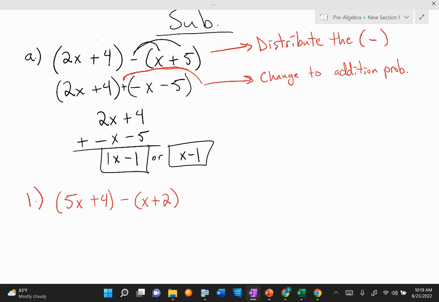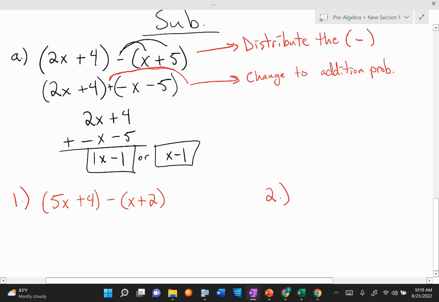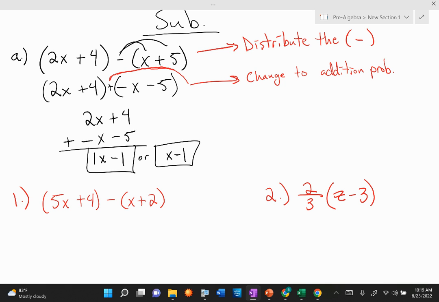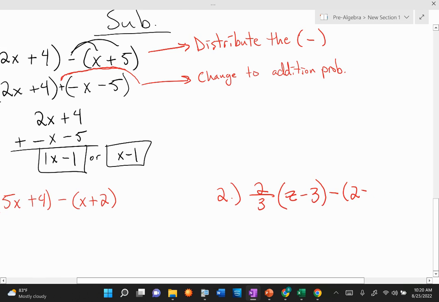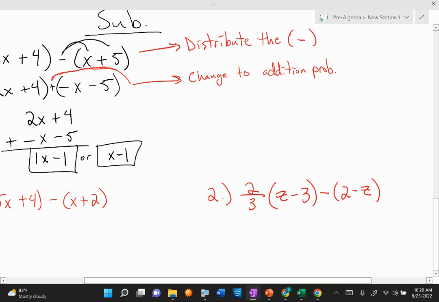You also will have number 2: 2/3 z minus 3, 2/3 minus 2 minus z.